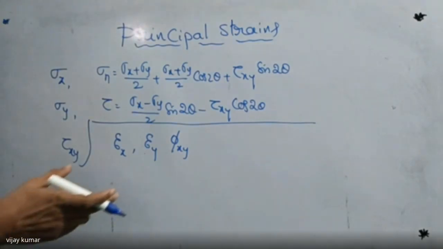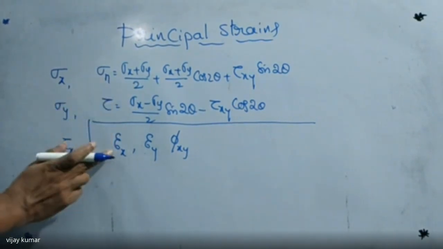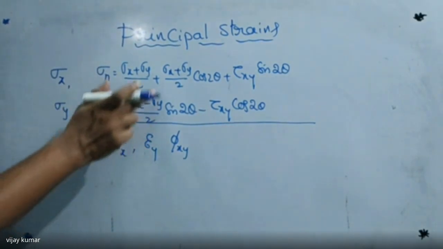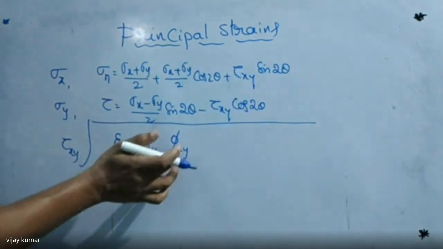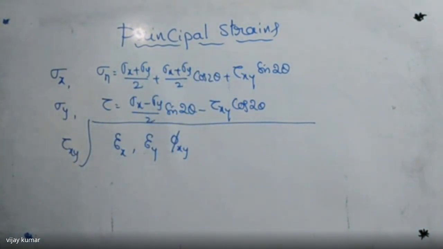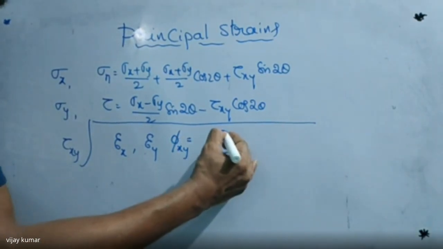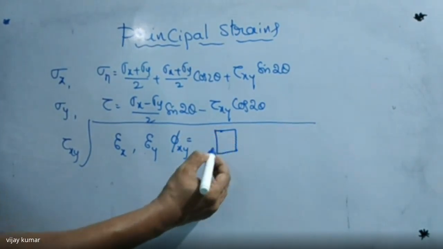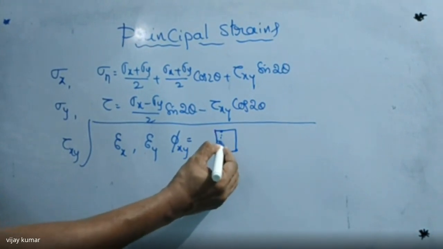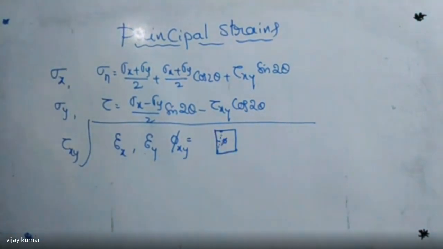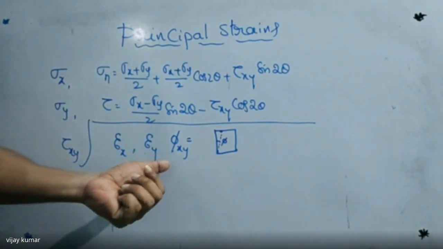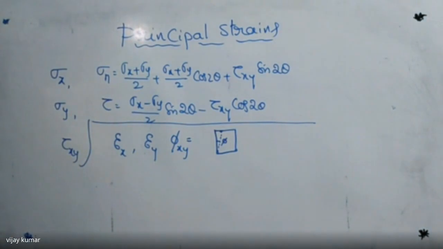I'm just going to replace sigma x by epsilon x, sigma y by epsilon y, and tau xy by phi xy. When the component is subject to shear like this, there are two strains: one is the normal, tangential strain and one is the shear strain.